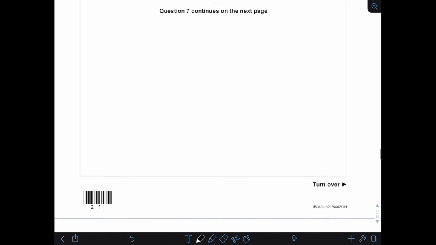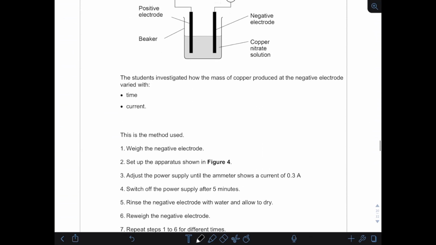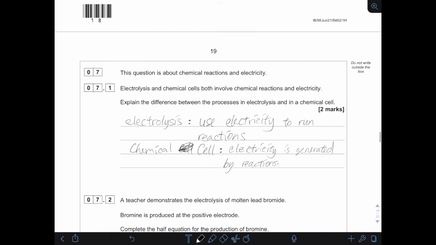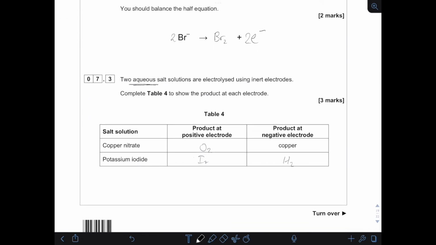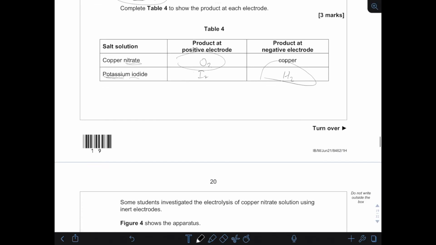I think the main issue for people would probably be not realizing this question is aqueous, so probably did something like ammonia and potassium on this and that answer.